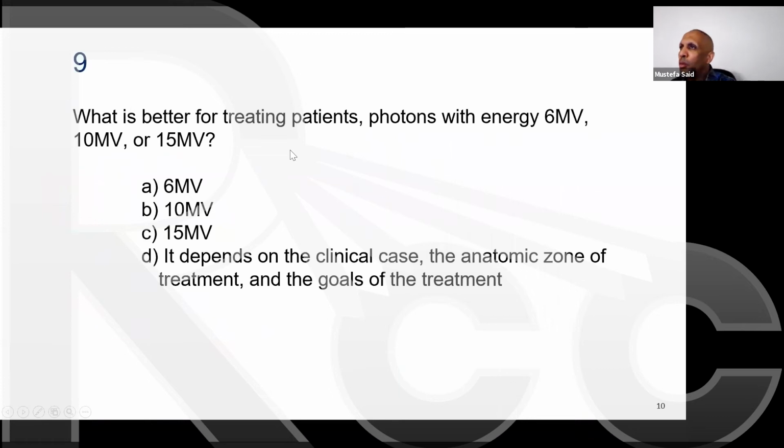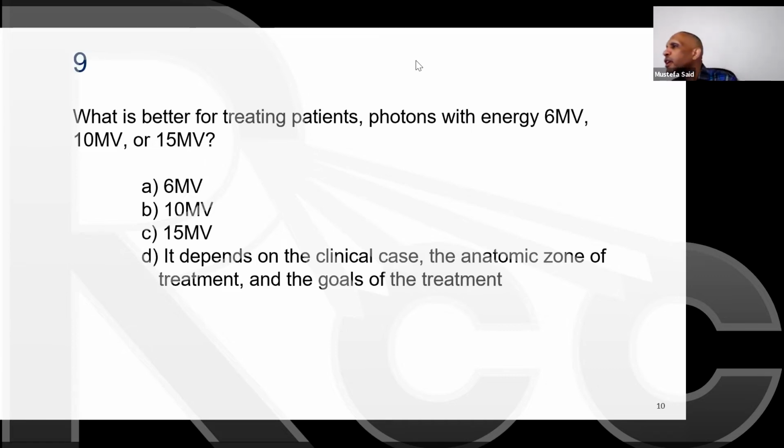All right, what's better for treating patients? Photon with the energy 6 MV, 10 MV, or 15 megavoltage? I don't know the answer, sorry about that. Or it depends on the clinical case, the anatomic zone of treatment, and the goals of the treatment. Let me finish it, sorry.